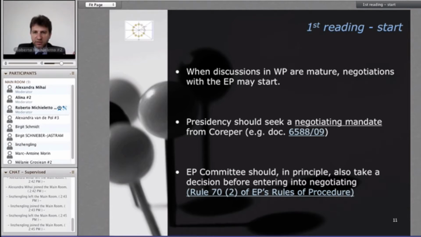So you have a mandate from the Coreper, so from the Council. You have a mandate from the European Parliament, which is represented by the report, and they meet together to start the negotiations.